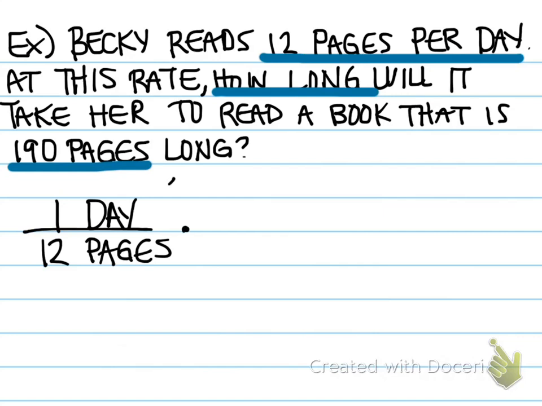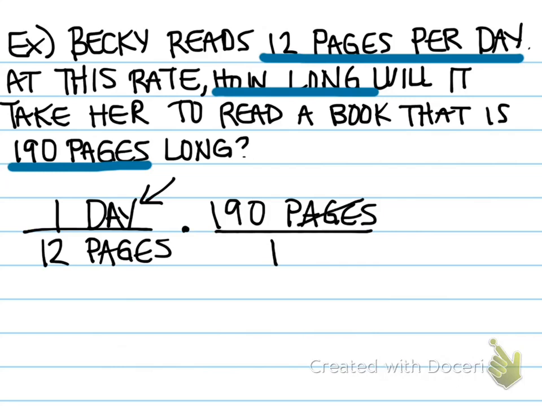So then I get my days, or how long, to be in the numerator. And then we take our other piece of information, 190 pages, and hopefully the labels that we don't want to end up in our answer will cancel, and we can put this over 1. And of course, our pages do cancel, and we end up with 190 times 1, or 190 days, over the 12.